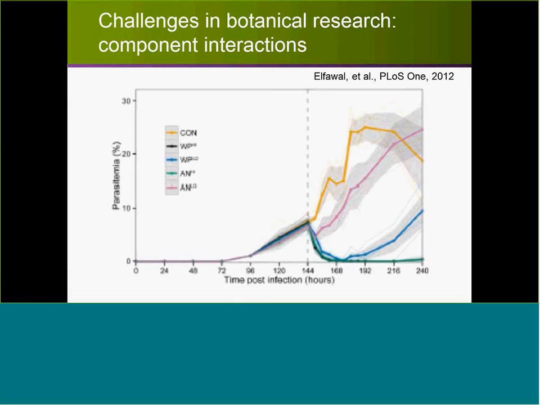This is an example comparing artemisinin, the WHO frontline drug for malaria, with a whole plant preparation containing an equivalent amount of artemisinin, and you can see that the whole plant preparation is considerably more effective in suppressing malaria parasitemia. Obviously, there are additional compounds in the whole plant preparation that contribute to anti-malarial activity.